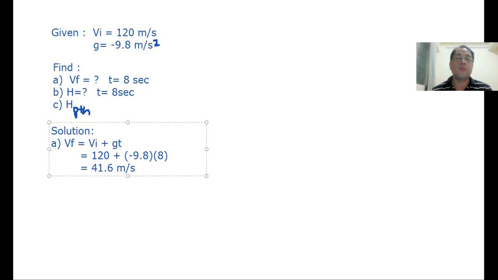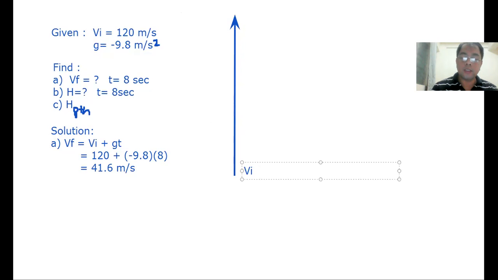So what do you notice when objects go upward? Its velocity slows down. So the initial velocity of our object here, V sub I, is 120. Is it logical for the object to slow down when it's going up? It should be.